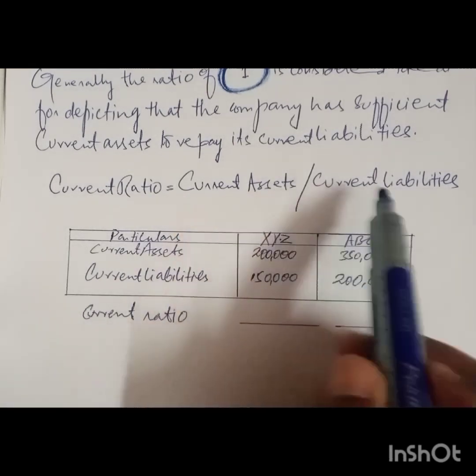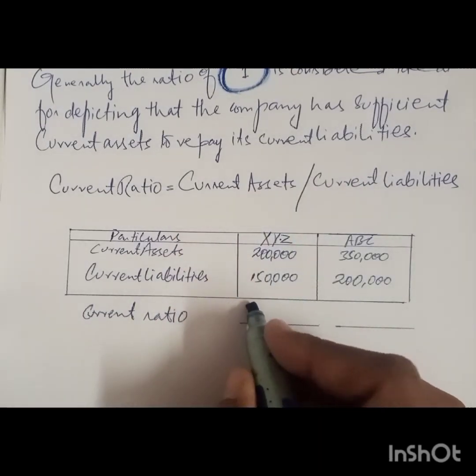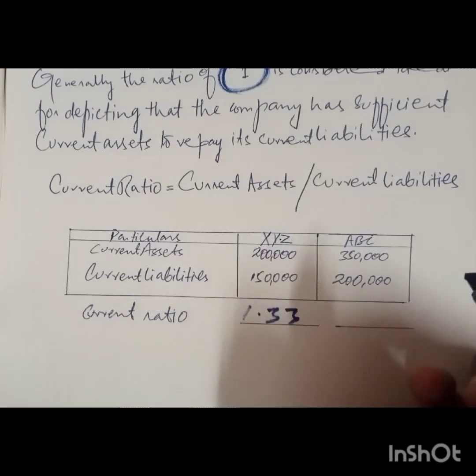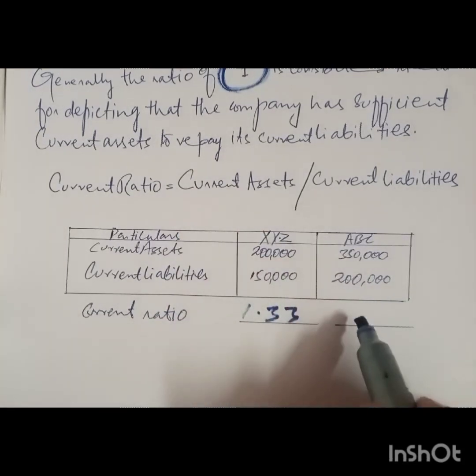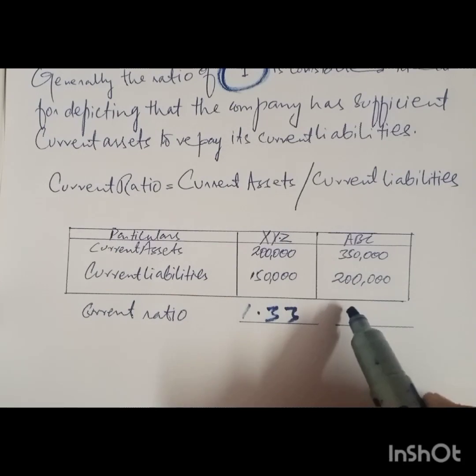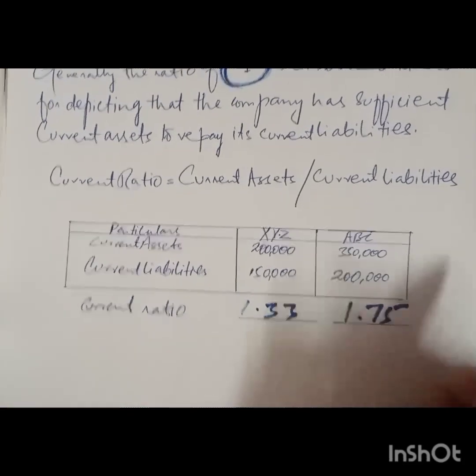Current assets divided by current liabilities. Here we will get the answer is 1.33. This is the current ratio of XYZ, and ABC company is 3,50,000 divided by 2 lakh is 1.75.